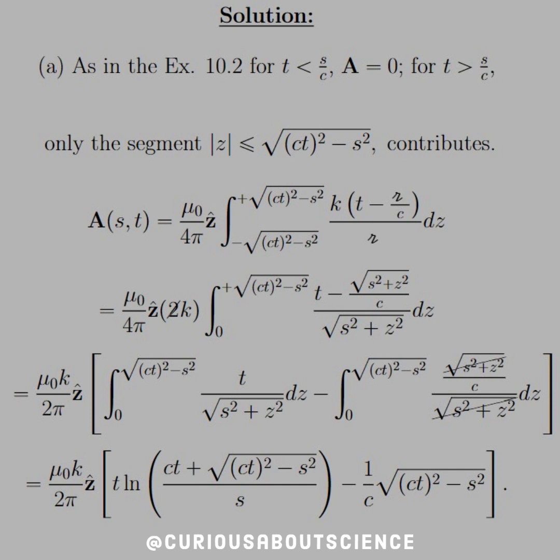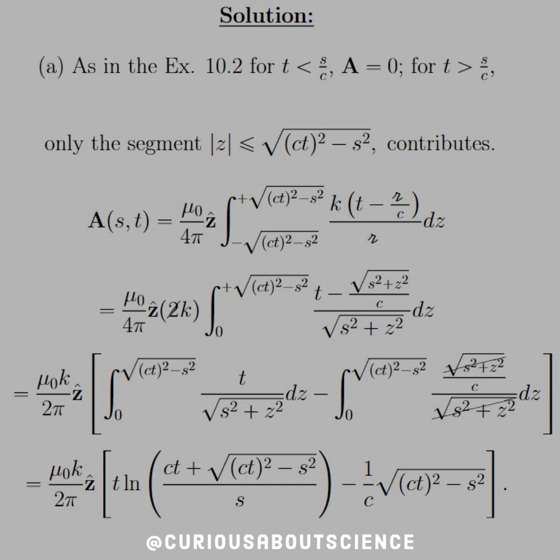That being said, we have a linearly increasing current, so current equals kt. Here we have to evaluate the kt at the retarded time, hence k of t minus script r over c.